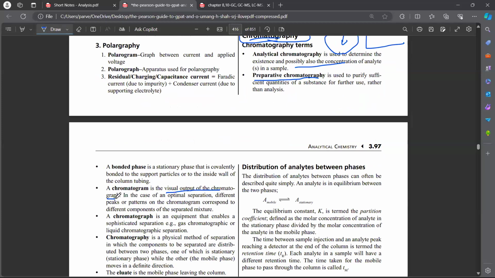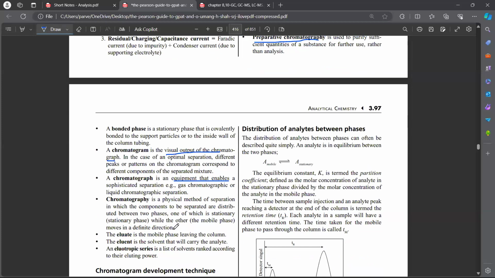This whole visual output comes in the form of a graph on a computer, and that graph is known as the chromatogram. The chromatograph is the equipment that enables sophisticated separation. There are different types of separation techniques, which have different separation principles.